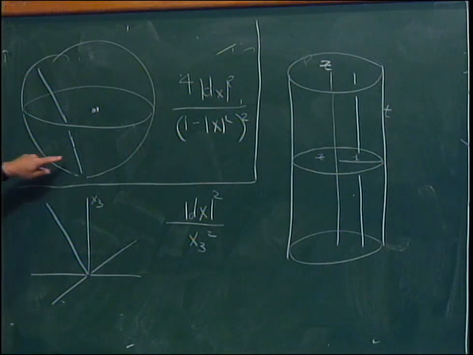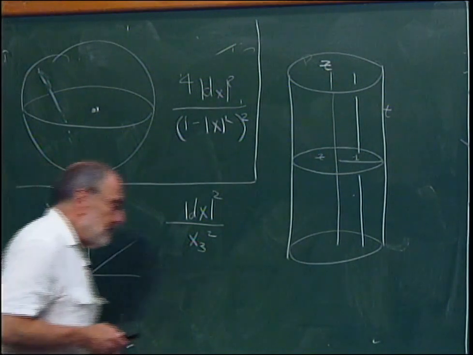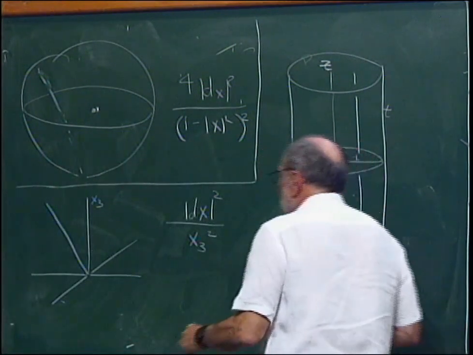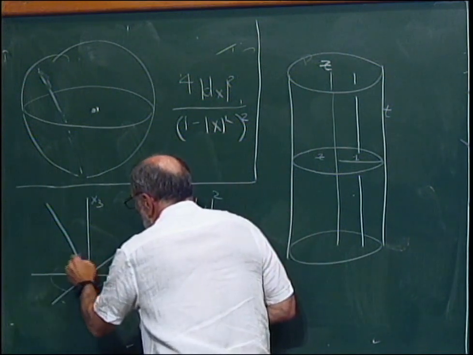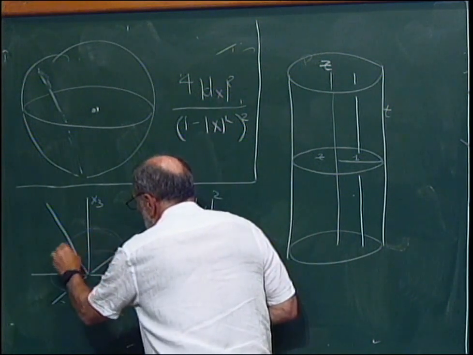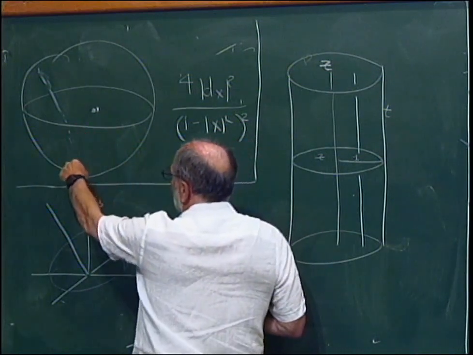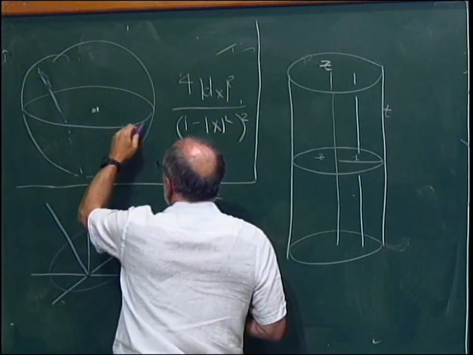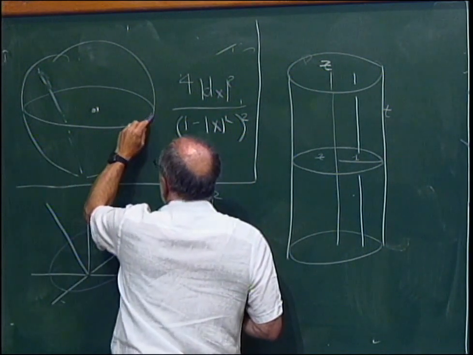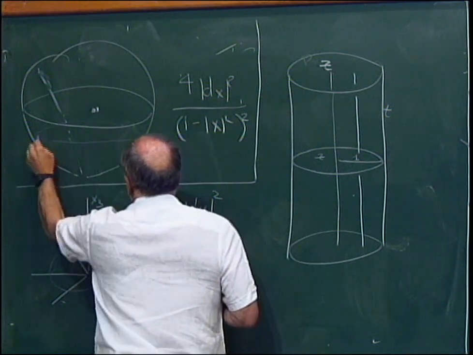That's not making any sense. This isn't right. Let me just try to see if I can recover what's right. Here, these lines are orthogonal to the hyperbolic planes that are there. Therefore, you have to have the same behavior here. So be orthogonal to this.